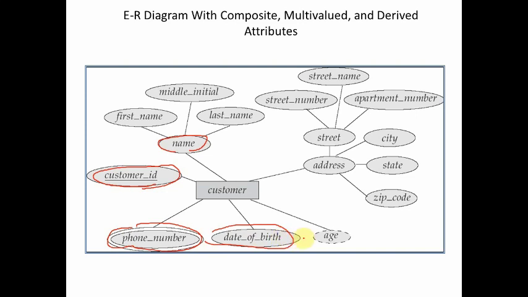But then there is an attribute here that has the dotted line, this edge. Now, the fact that it has a dotted line tells you that we don't even need to store it in our relation, because this is what is referred to as a derived attribute. It can be derived from date of birth. So if you have this kind of drawing, understand that that is a derived attribute, and these will be multi-valued.